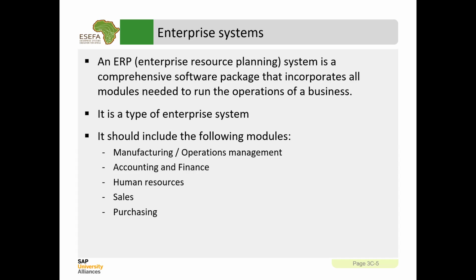The enterprise resource planning system is where you adopt a particular system to handle these operations for you. It's a comprehensive software package that incorporates all modules. In this course, we'll be calling operations modules: all modules needed to run the operation of your business.